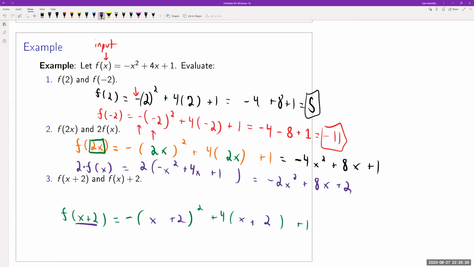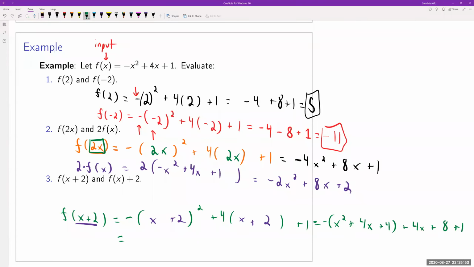So this first step is easy. There's going to be a little bit more algebra to simplify here. I notice that at the start I'll need to FOIL, so I will have negative x squared plus 2x, and 2x makes 4x plus 4, plus here I can distribute 4x plus 8 plus 1.